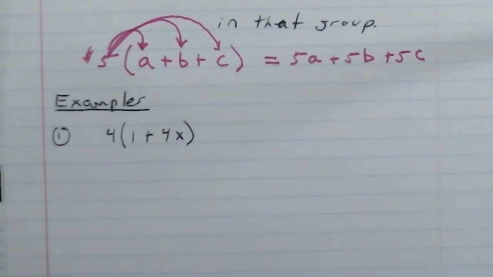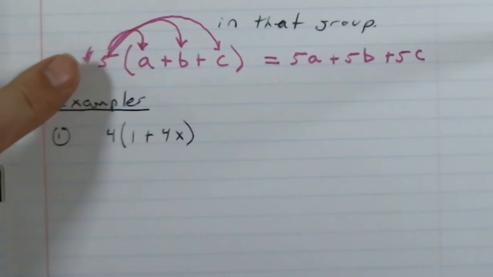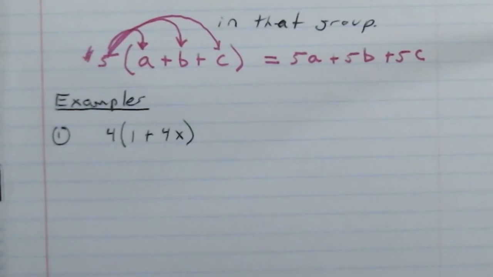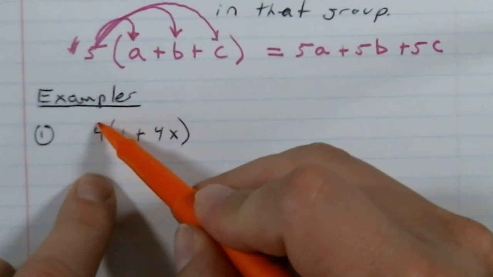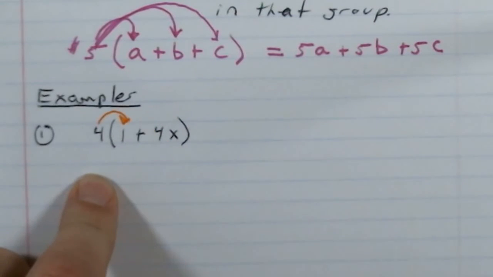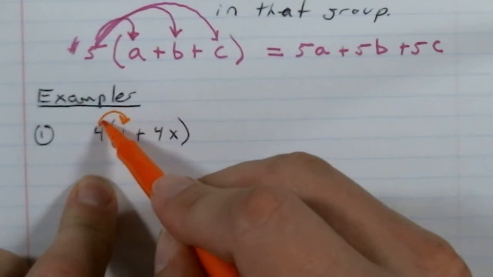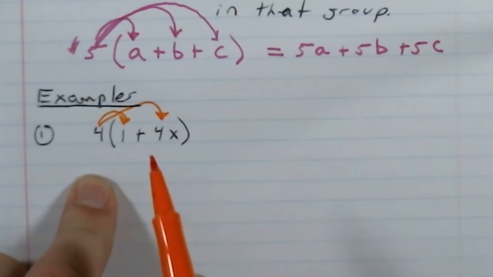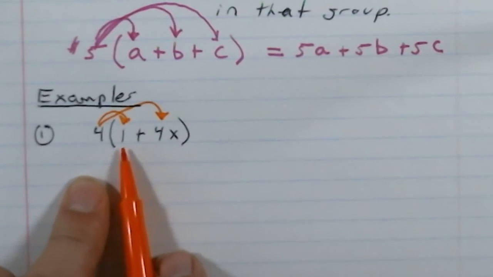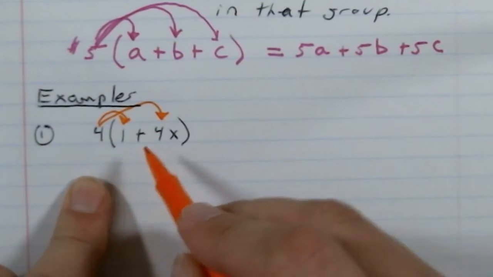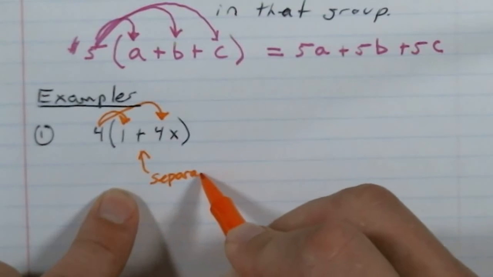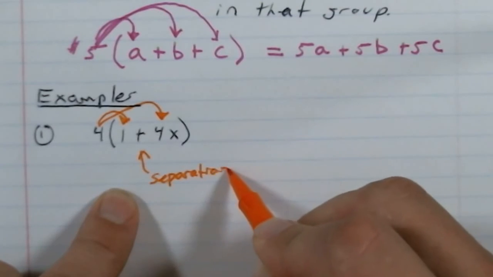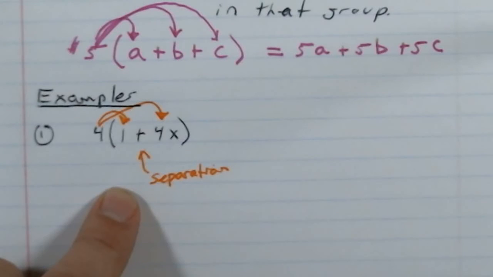You're probably thinking that going from this to this, you're going to do the same part. You take the 4 and go to that, and then take the 4 and go to that. I'm hoping you see that the plus separates the two.